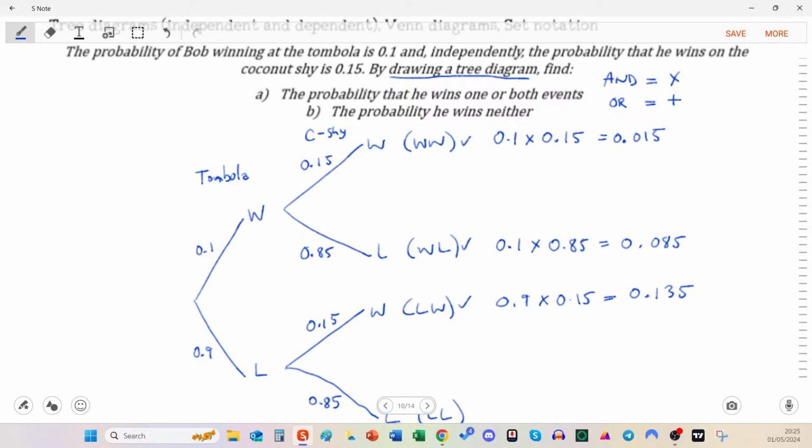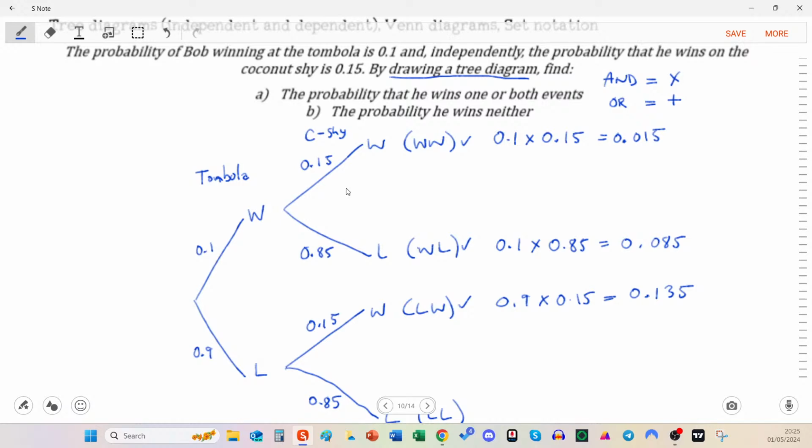Okay, so those are the three scenarios that give us a win. It could be this, or this, or this, in which we will win. And as you can appreciate, when we're using the word or, we add them together.